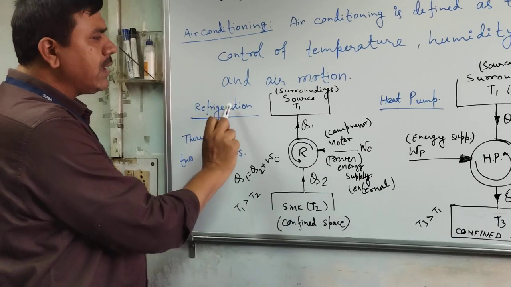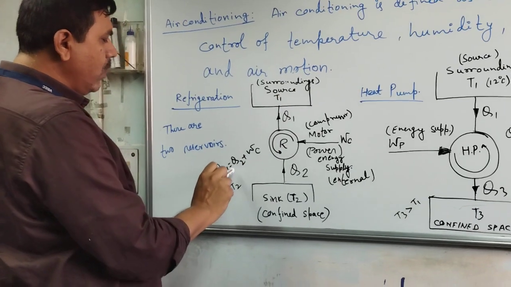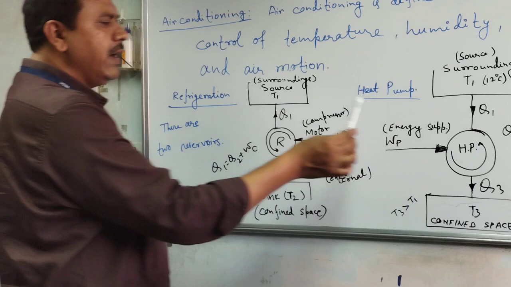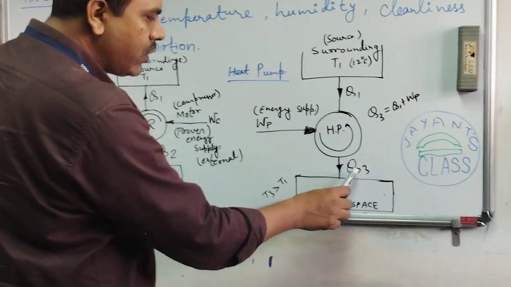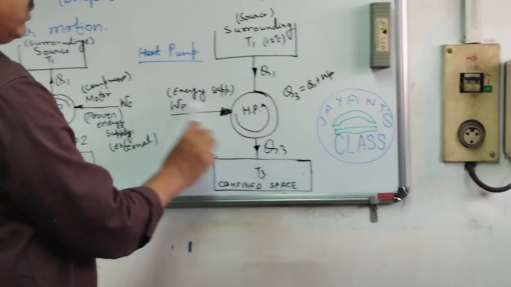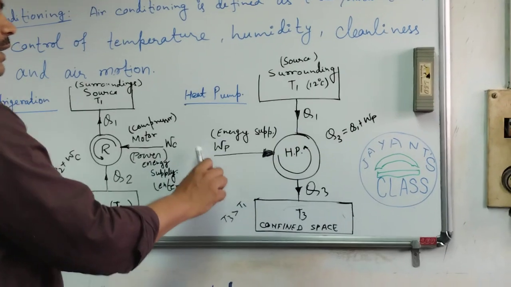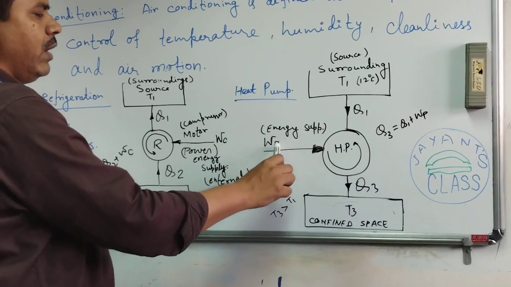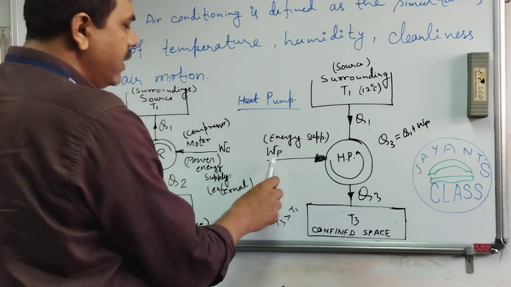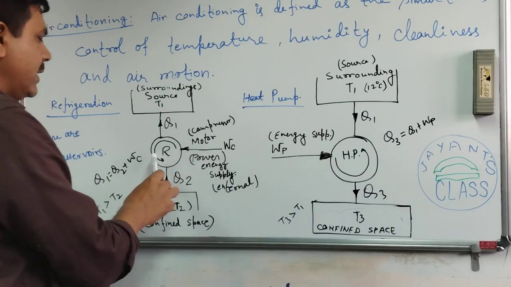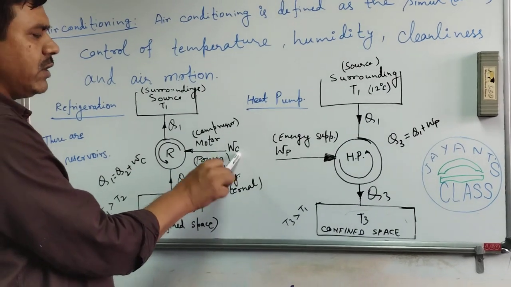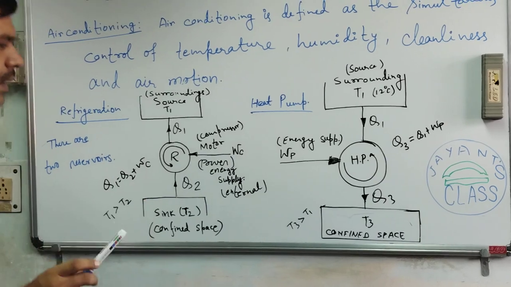So for the refrigerator, Q1 equals Q2 plus WC, and for the heat pump, Q3 equals Q1 plus WP. Here the energy supplied to the heat pump is denoted by suffix P, and the energy supplied by the compressor is denoted by suffix C.